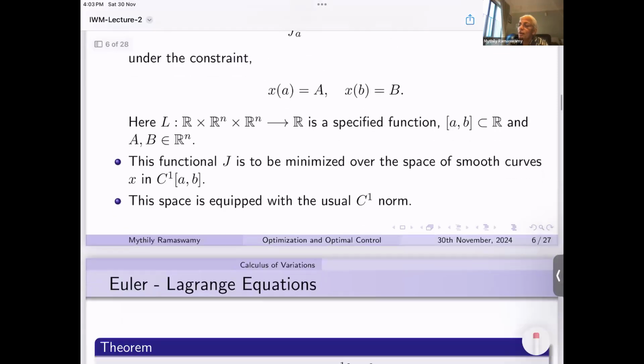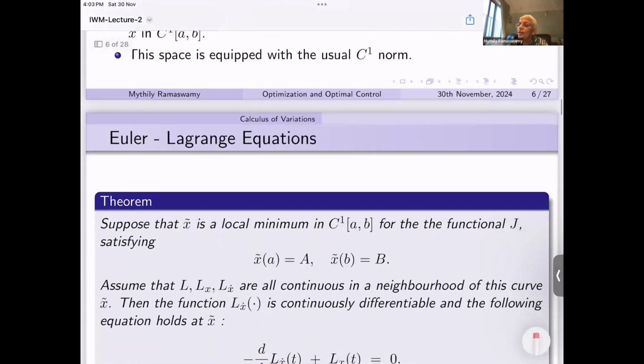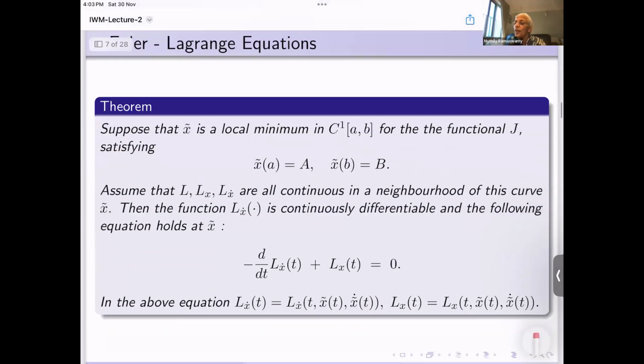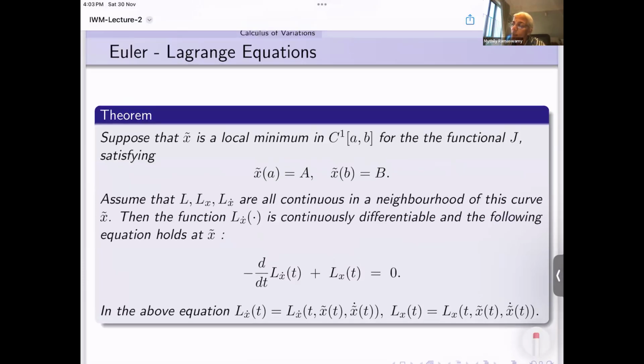Okay. Now, what are the Euler-Lagrange equations? Suppose x tilde is a local minimum in C1[a, b] for the functional J, and x tilde satisfies the endpoint conditions.